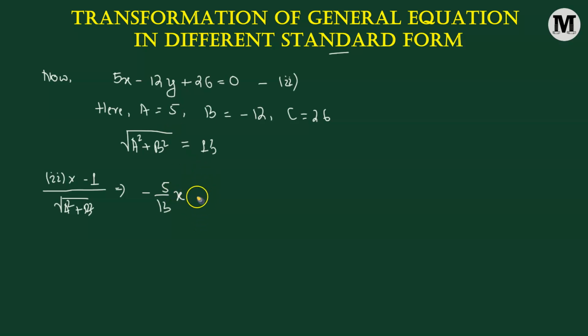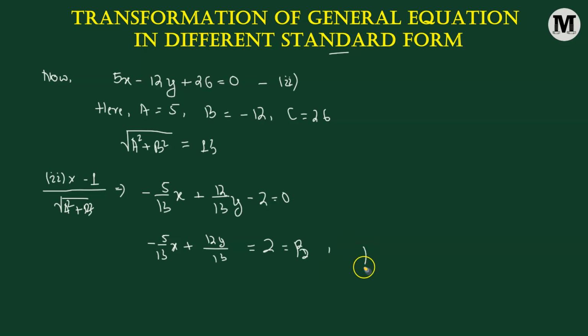The second term becomes positive 12 over 13 times y. And the third term becomes negative 26 over 13, or simply negative 2, equals 0. We can rearrange the terms to get negative 5 over 13x plus 12y over 13 equals 2. Let's say this equals P2.